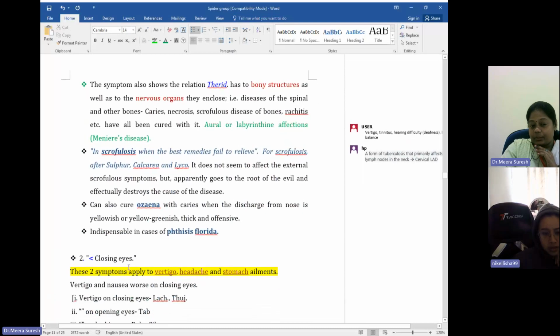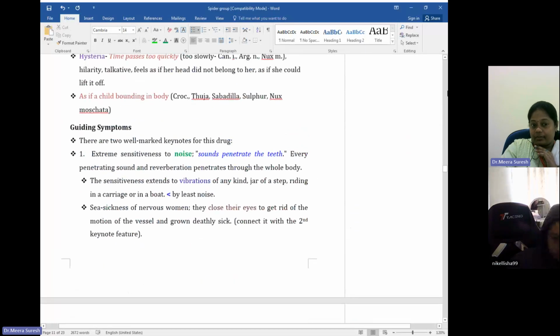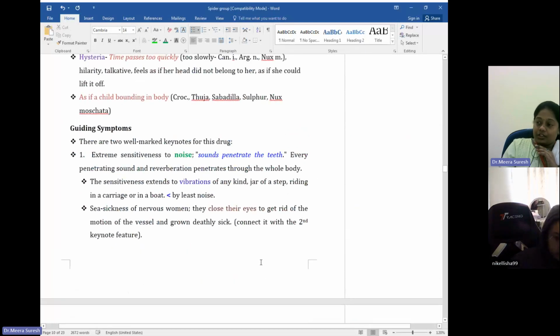The second symptom of Theridion is aggravation from closing eyes. So when the nervous lady who is having seasickness has complaints from seeing that motion, the vehicle is moving and the things are also moving along with her, to avoid that motion she closes her eyes.